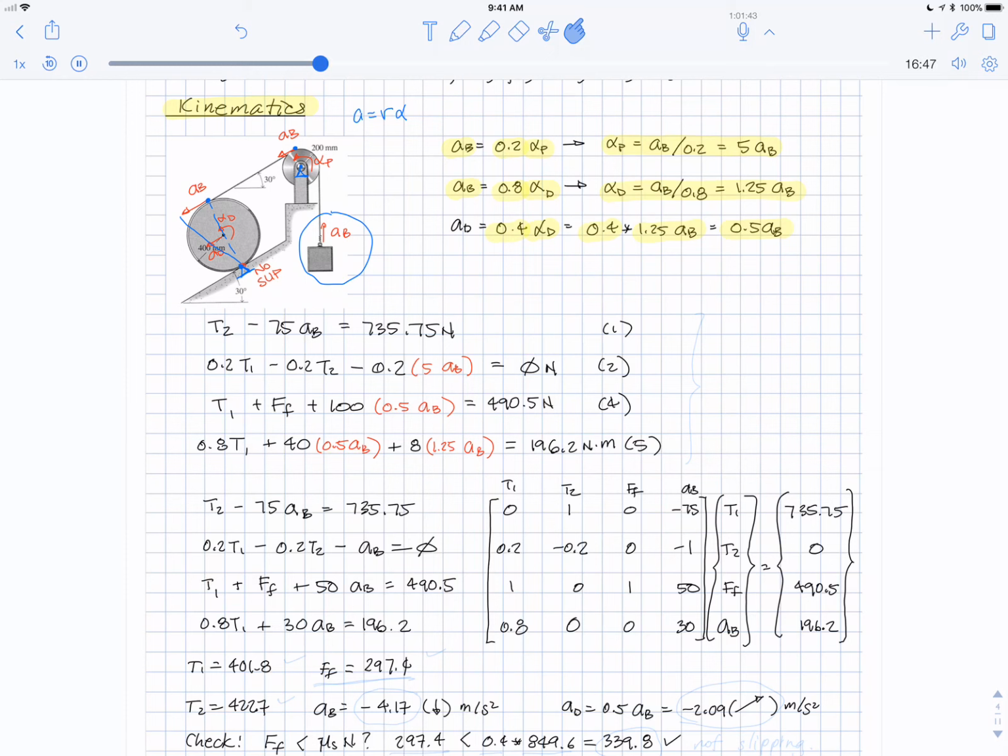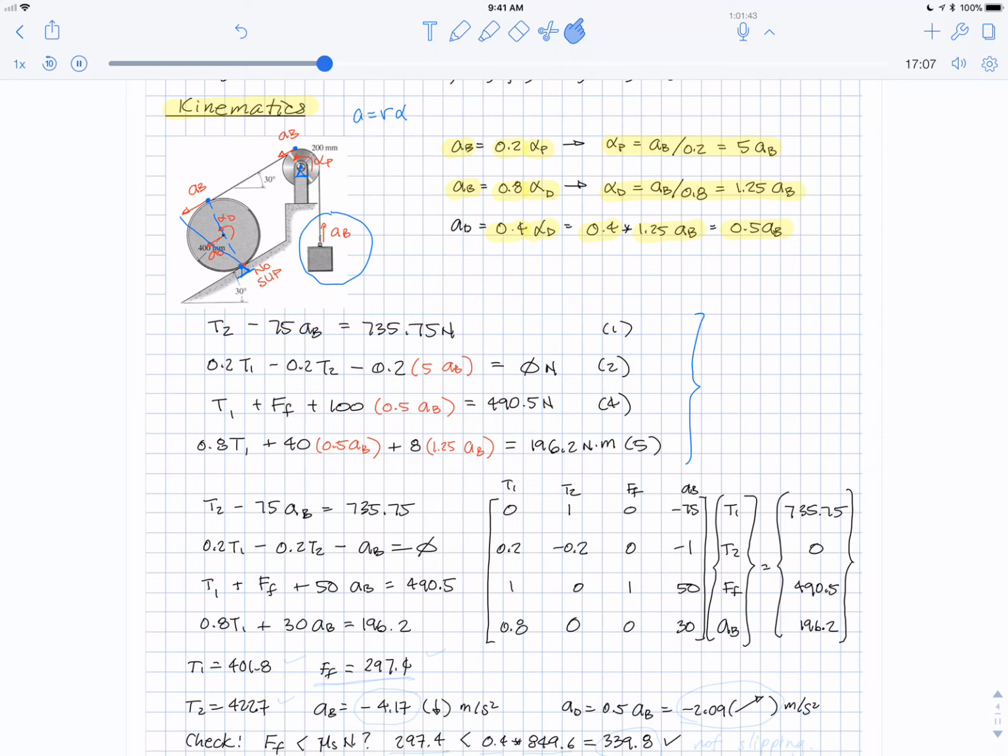Then I took our four equations, and everywhere there was an alpha pulley, alpha disc, or a disc, I put in the equivalent expression in terms of a block, and this is what I got. Then I got lazy.